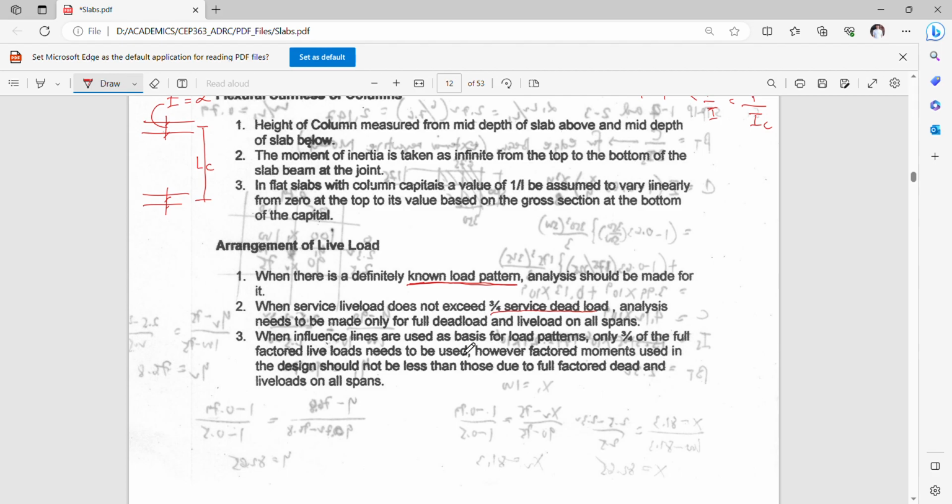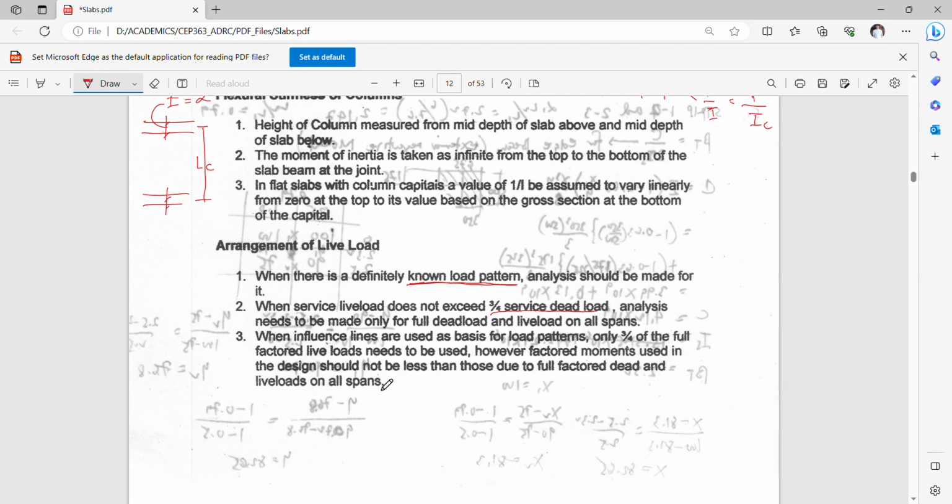And when the influence lines are used as basis for load patterns, only three-fourths of the factored live loads may be used, provided you check that the result of this should not be less than the result of those coming from the factored moments, to see to it that your design will not be critical in case the influence line patterns are not the ones that are prevalent in the actual behavior of your structure.